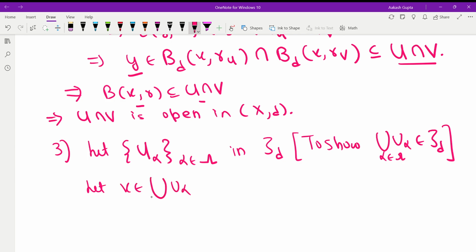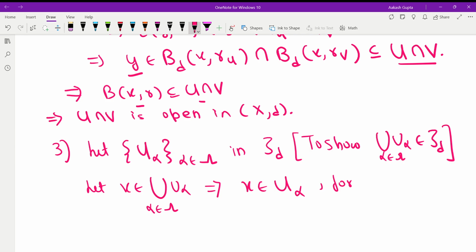Let us quickly do it, okay? So let X belong to the union of U alpha over alpha in capital lambda. Now, it is in the union, so it means it would be in one of them, for some alpha in capital lambda.